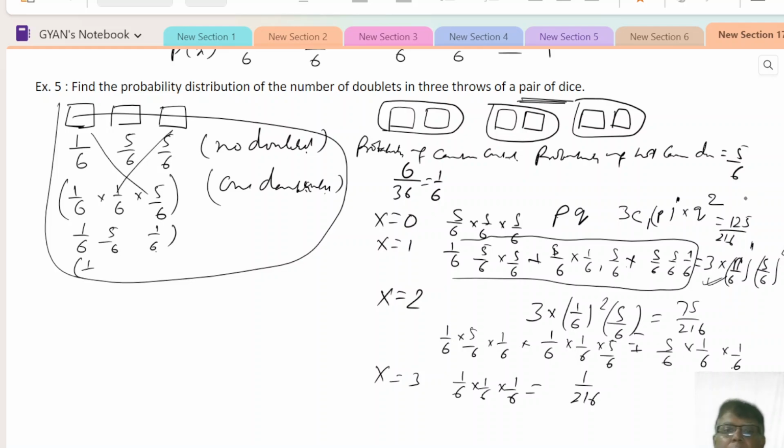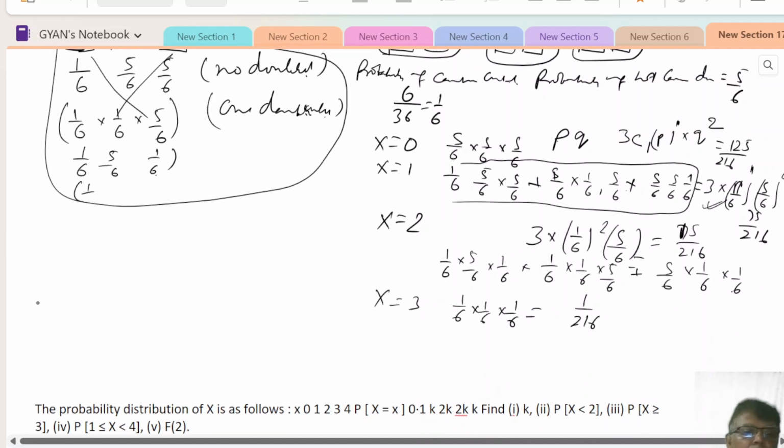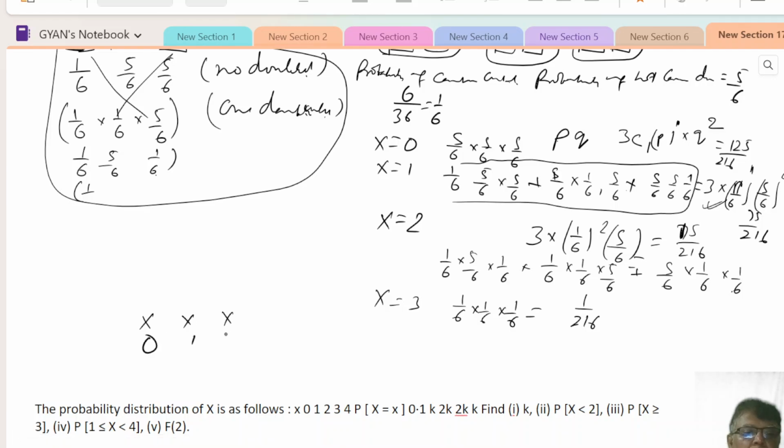So you can tabulate. How to tabulate? x: 0, 1, 2, 3. The probabilities are 125 by 216, 75 by 216, 15 by 216, and 1 by 216.